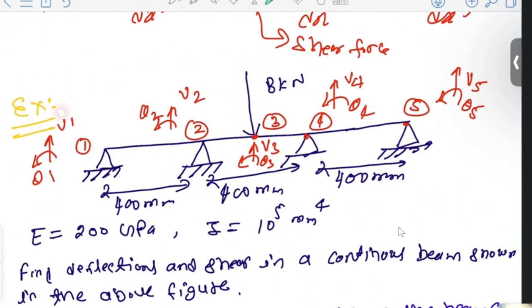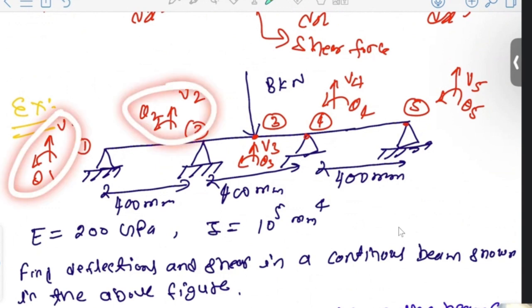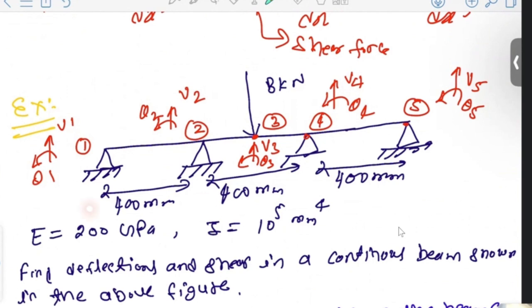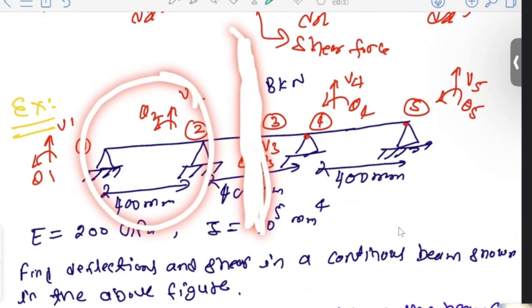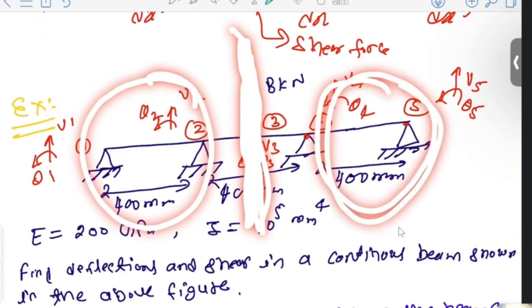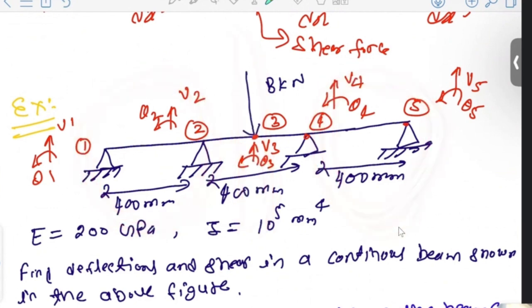Similarly for this one, this one, this one. Looking at this problem, we can easily see that it is symmetric about this line. So we have to model only the left side, and the right side will be the same, since we are using this symmetry.